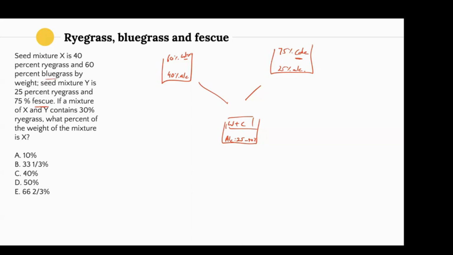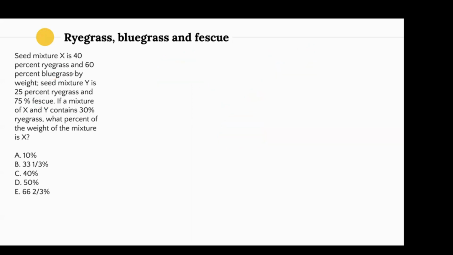What matters is everywhere ryegrass is the same. So I'll focus on that. 40% ryegrass in the first one, 25% ryegrass in the second one, 30% in the mixture. That's the only thing that matters for me. So I do not care about the third component or the second component in the two cases being different.